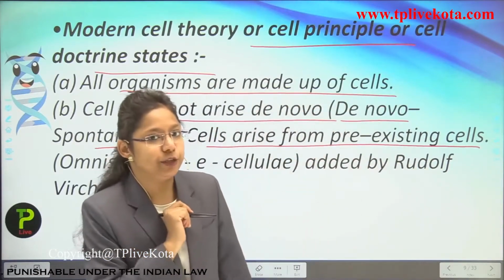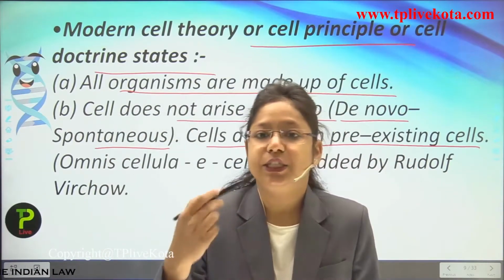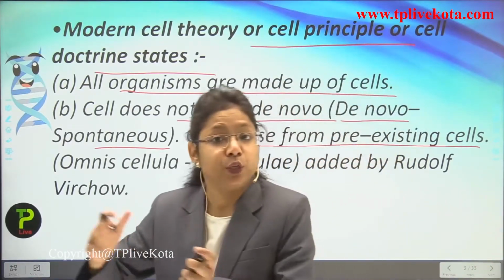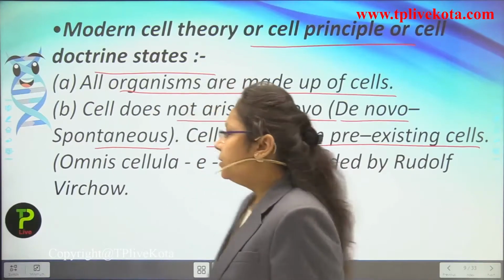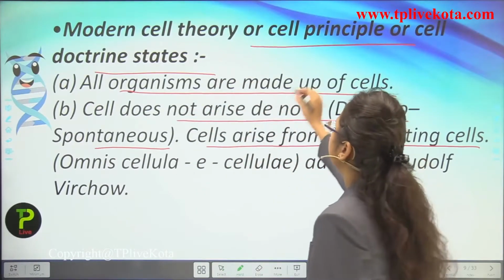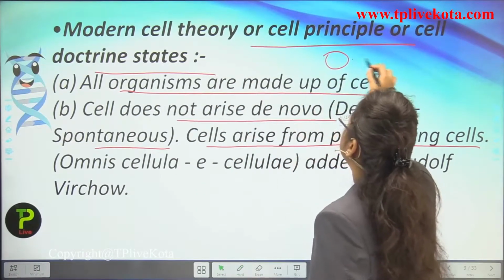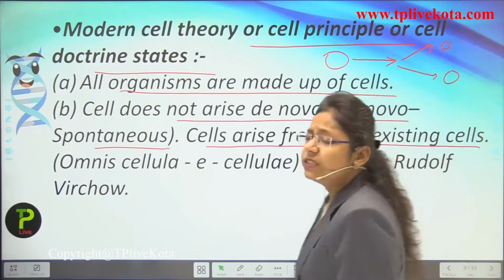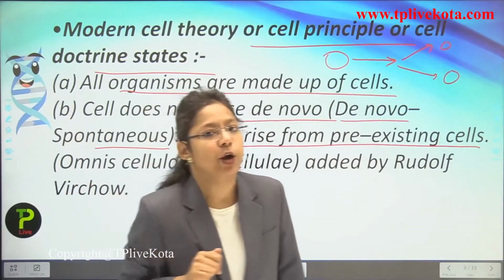This is very true. What happens, students, during mitotic division? A parent cell divides to form two daughter cells. You can see here I am just drawing a small diagram. This is a parent cell which is going to divide into two daughter cells. This type of division is known as mitotic division.